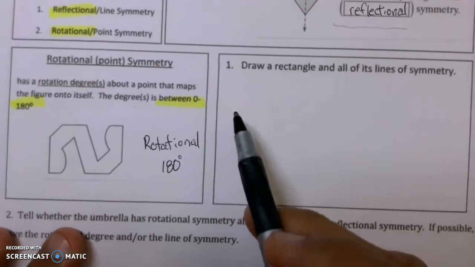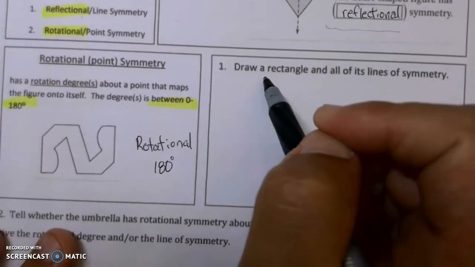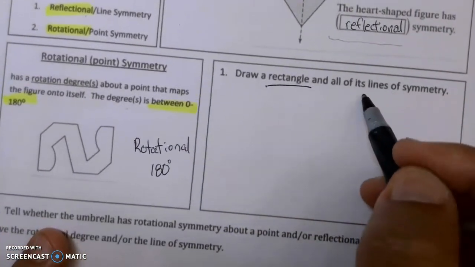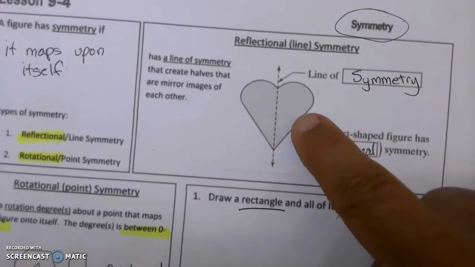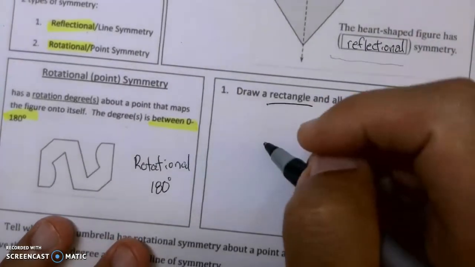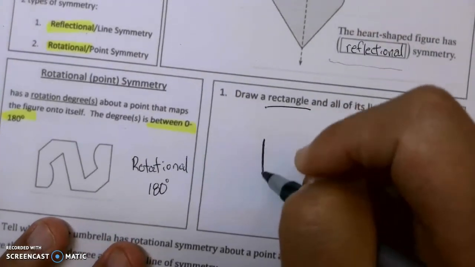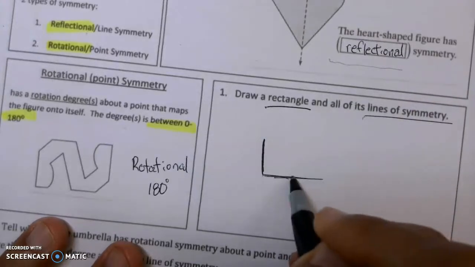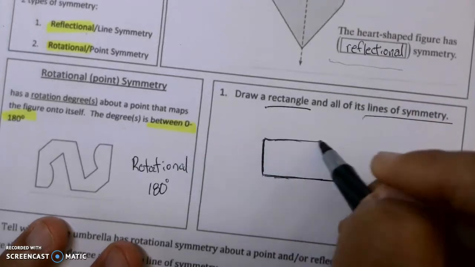Okay. Number 1, we're going to draw a rectangle and all the lines of symmetry, which means like this heart, the left and the right look exactly the same. So I want to draw a rectangle. I want to make sure it's not as square, so I'm just sketching a rectangle here.